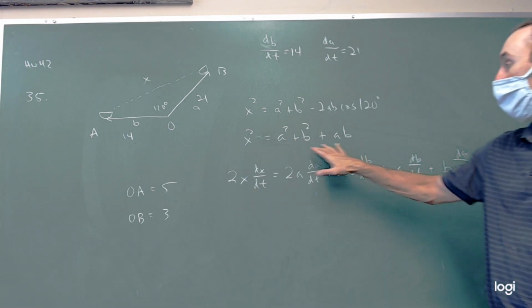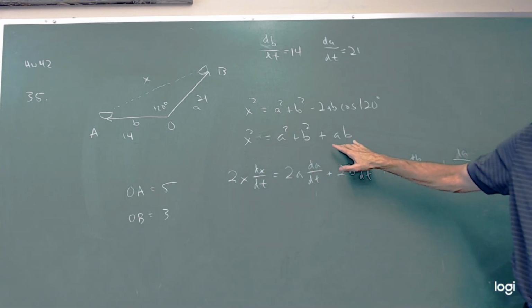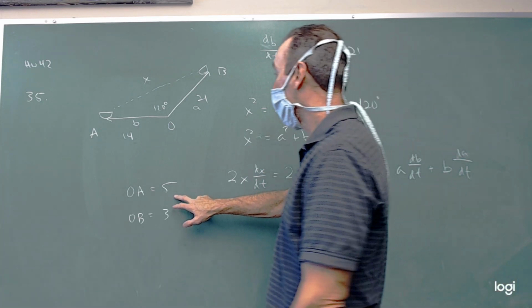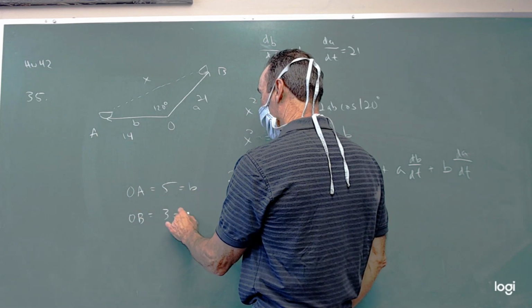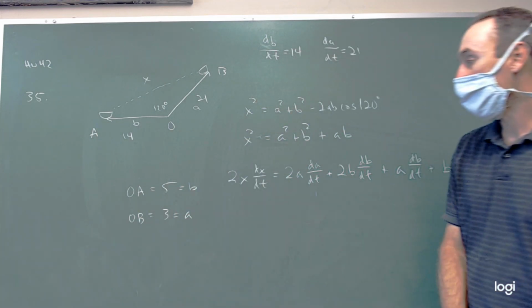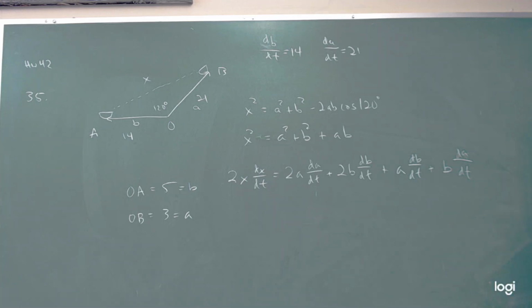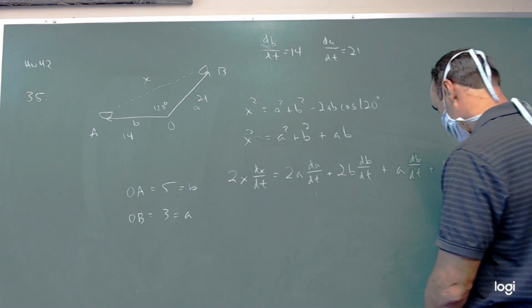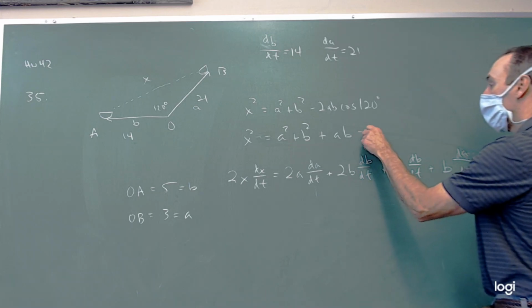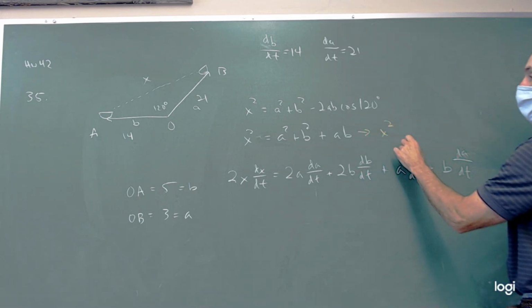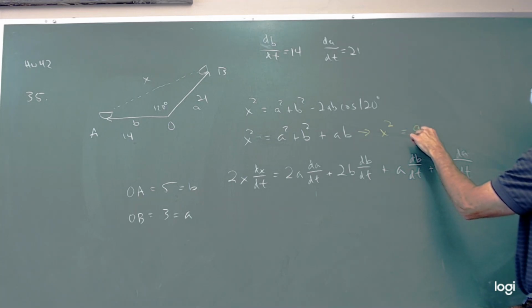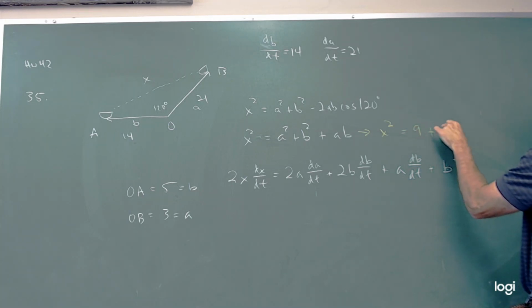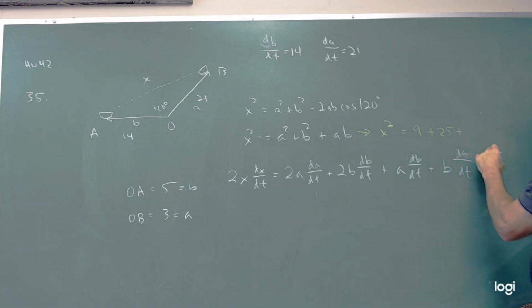So I think we can come back to here, and OA is what we have actually called little b, and OB, that length, is what we're calling little a. So I'm going to say x squared is going to be the a squared, which is 9, plus the b squared, 25, plus a times b, which is 3 times 5 is 15.